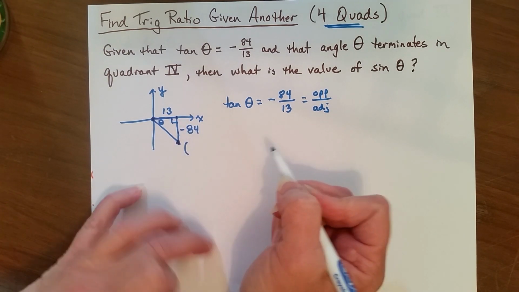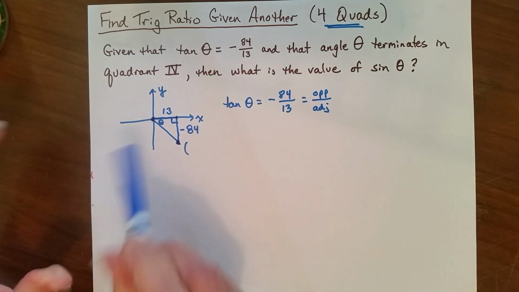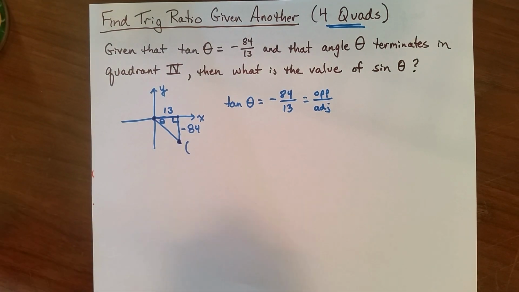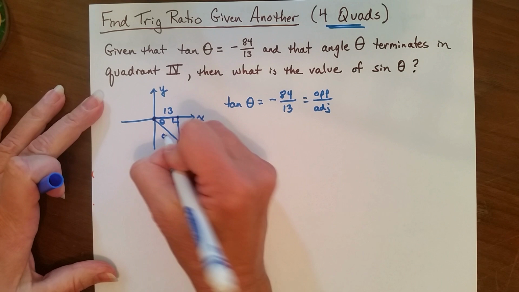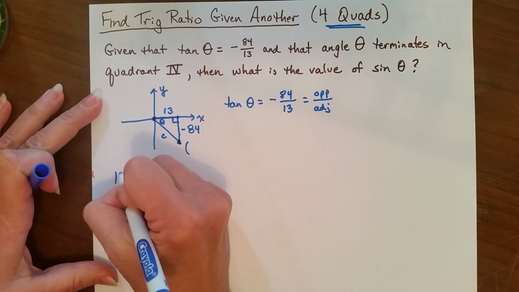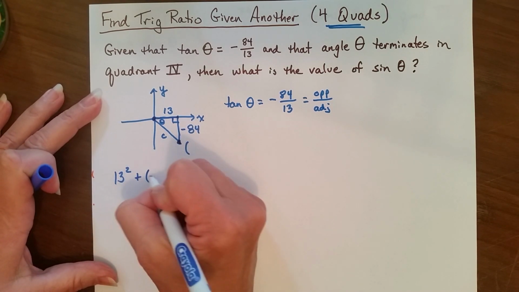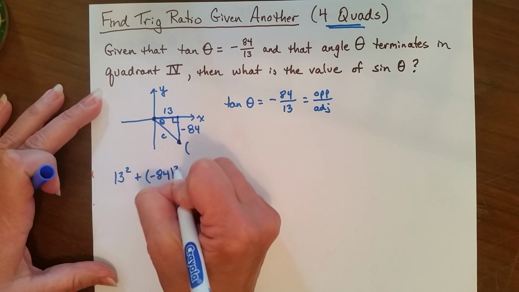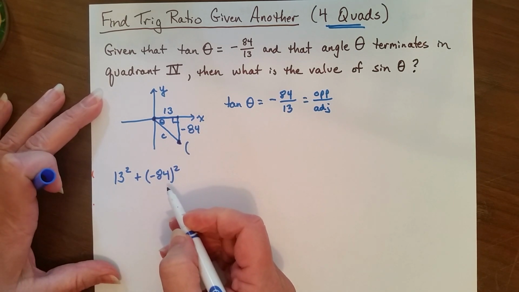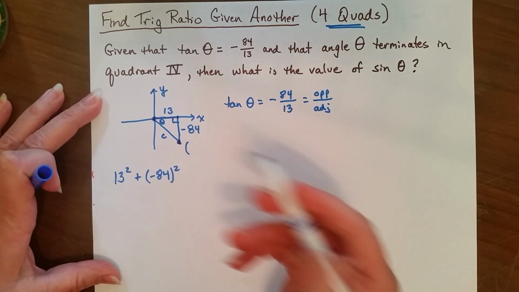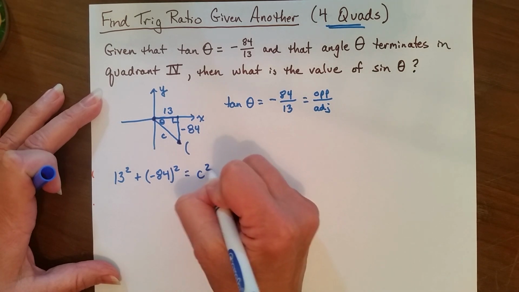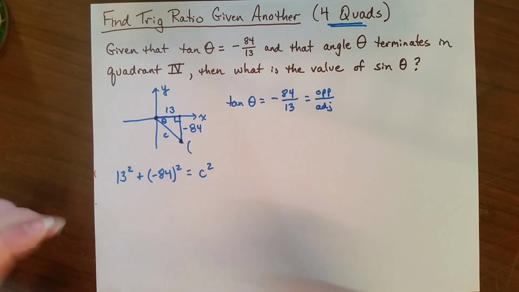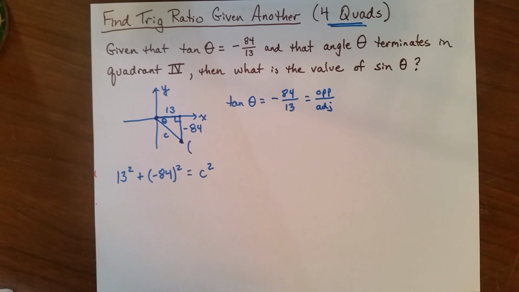Okay? Now, we have to use the Pythagorean theorem to get the hypotenuse. So I'll call that C. So we have 13 squared plus negative 84 squared, and you could even make it positive 84 because when we square it, it's going to be positive, equals C squared. Okay, let's get out the calculator.